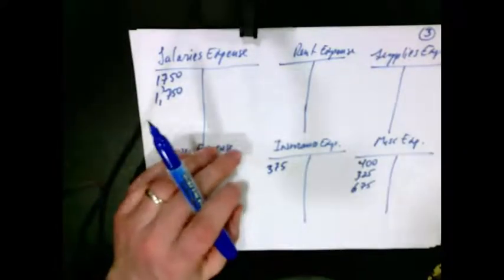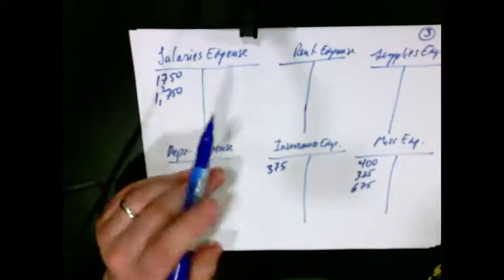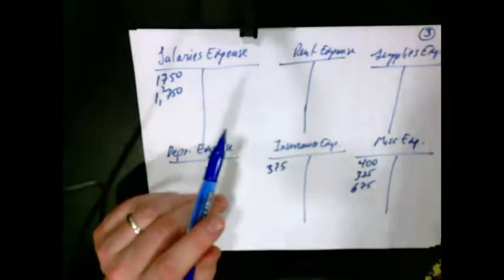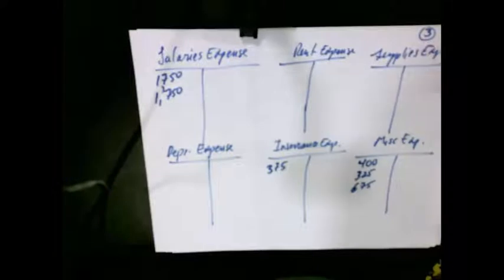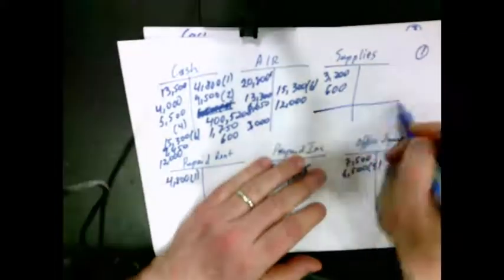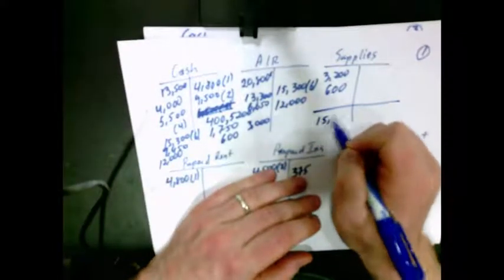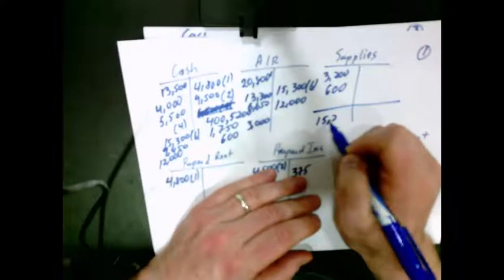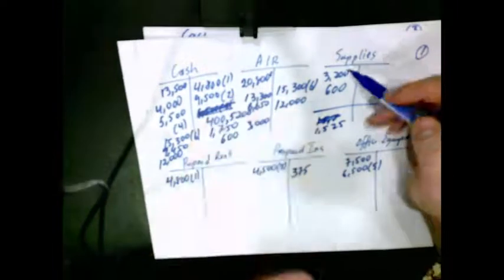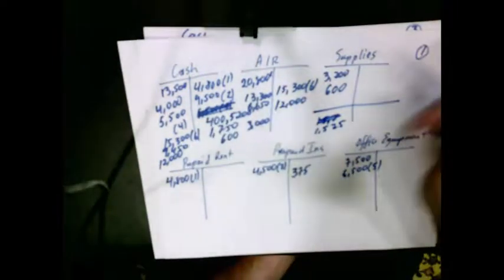It also tells us that supplies on hand on July 31st were $1,525. So we go back to our T account for supplies. It tells us that the balance needs to be $1,525. Well, if you look at what we have here, we have 3,200 plus 600. To make it $1,525, we need a credit for the difference.